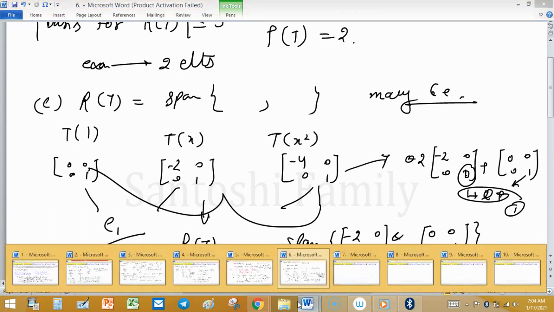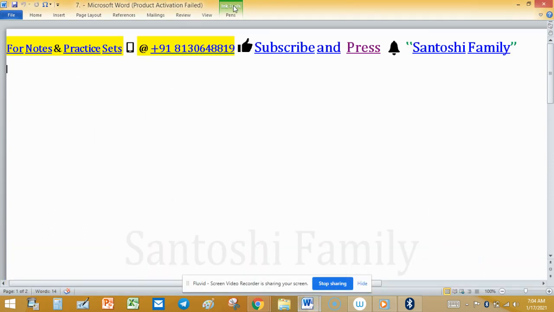Now come to option D, which is about the null space of T. It is given that the null space of T is the span of x square minus 2x comma 1 minus x. So we will find the null space for T by the property of null space.